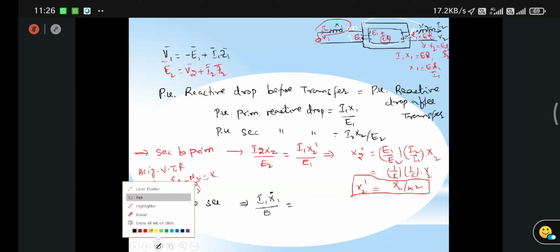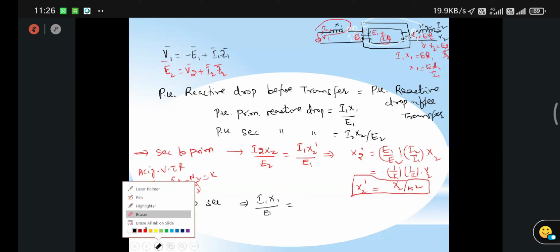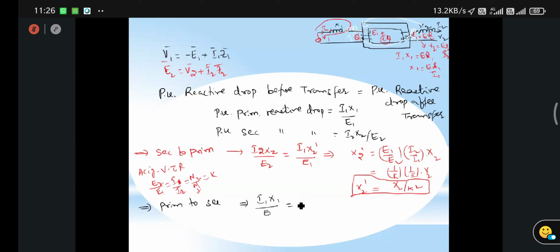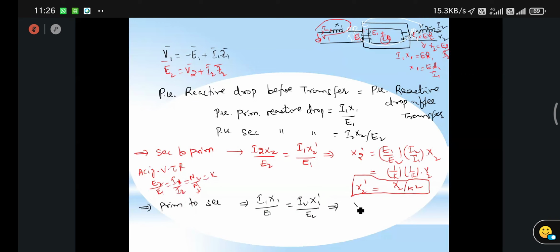X1 changes to X1 dash, I2 is the same secondary side current, and the induced EMF is E2. So X1 dash is E2 by E1 into I1 by I2 into X1.